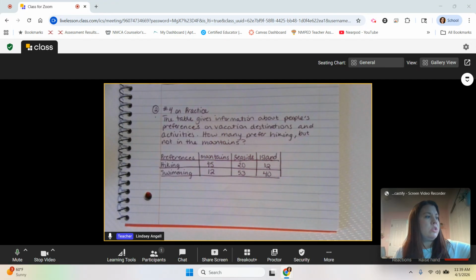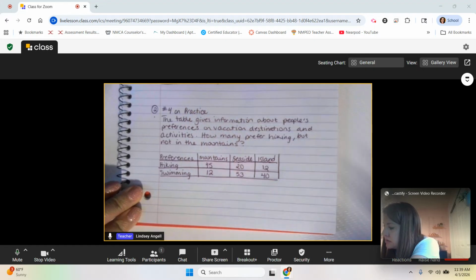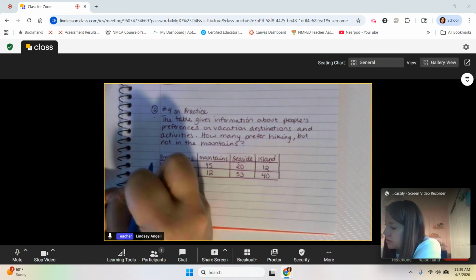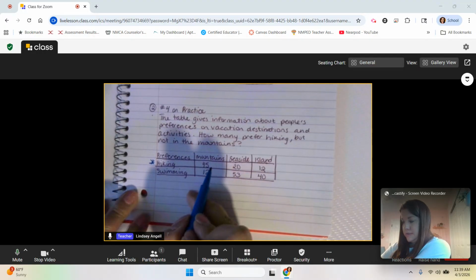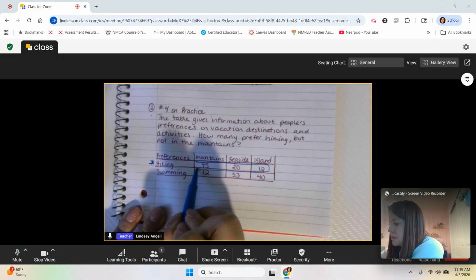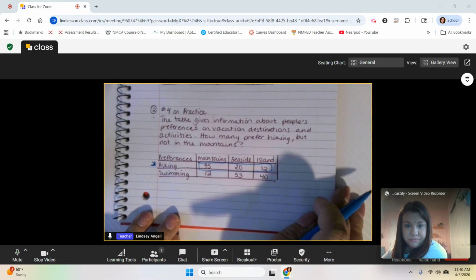So when you're looking at something like this, let me find a highlighter, you need to think, okay, first off it says how many prefer hiking? Well, here's all the hikers. Okay, so we're only looking at hikers, right? So we've got these 3 numbers that we're pulling from. That's our total number of hikers.